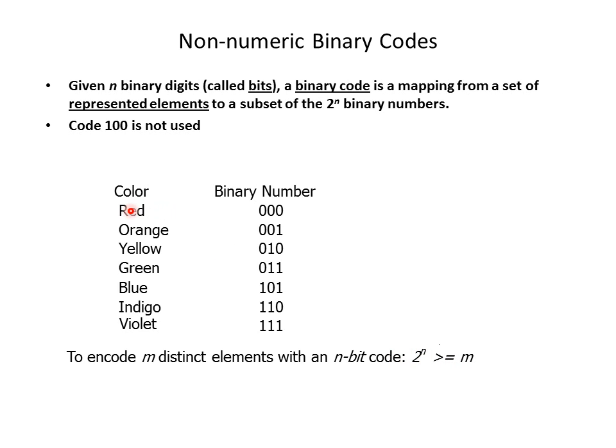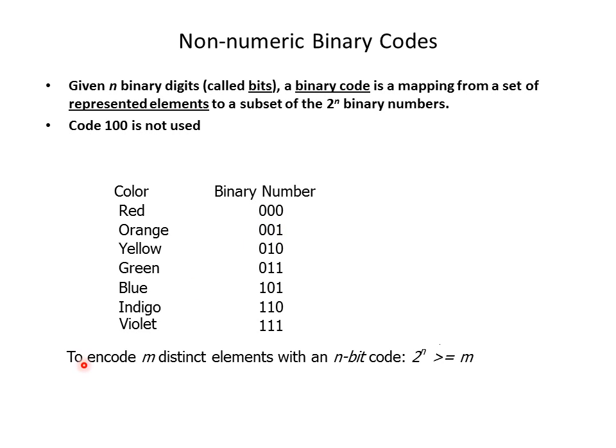For example, here the total number of elements is 7, but if we encode here, it will encode 8. So 7 is less than or equal to 8.